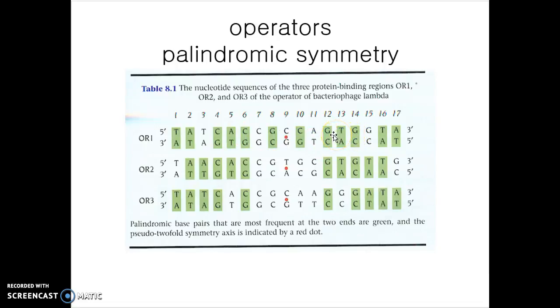The significance of this palindromic symmetry in the operator is that the protein that binds to this region must also have a twofold symmetry. So anything that binds here, when rotated by a half turn, 180 degrees, must also bind the other half. You may see the structures based on this soon.